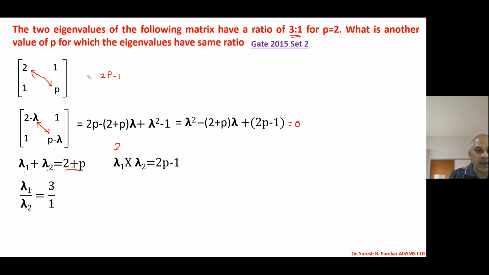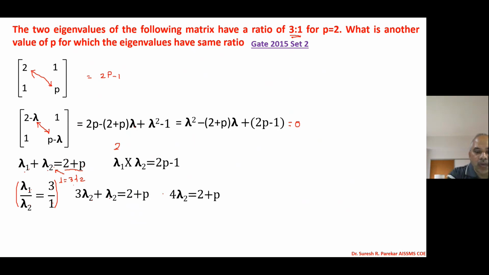Now you can see we have three equations, 1, 2, 3, and the unknowns are lambda 1, lambda 2, and p. So we can solve this. First we will put the value of lambda 1 from this relationship: lambda 1 is equal to 3 lambda 2. I substitute this value in this equation, so 3 lambda 2 plus lambda 2 equal to 2 plus p.